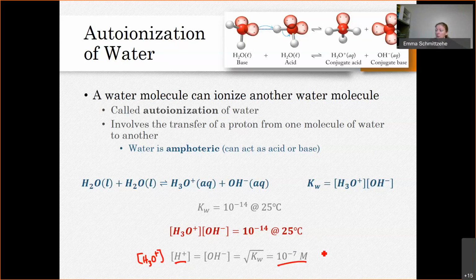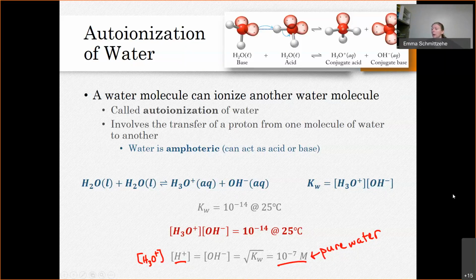So you have to be careful that this is only true in pure water. If you have acid or base present, it's going to alter those concentrations. One of them is going to be higher than that, one of them is going to be lower than that if you're not in pure water, okay? Or if you were at some other temperature that's quite a bit away from room temp, then it's not.